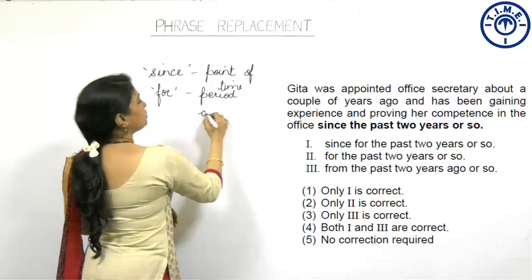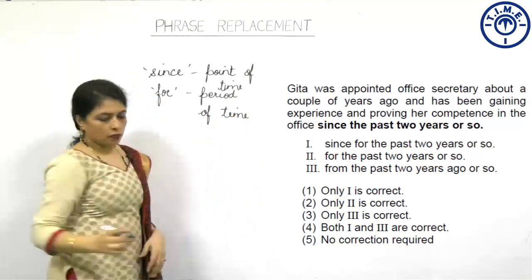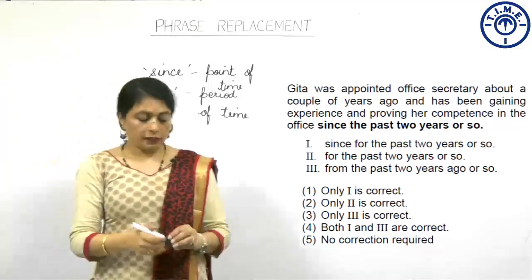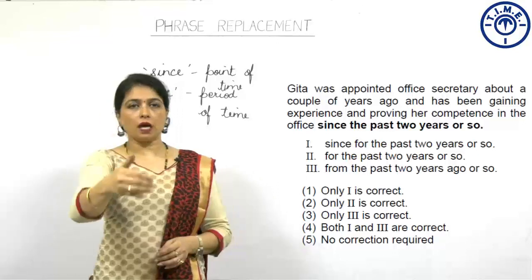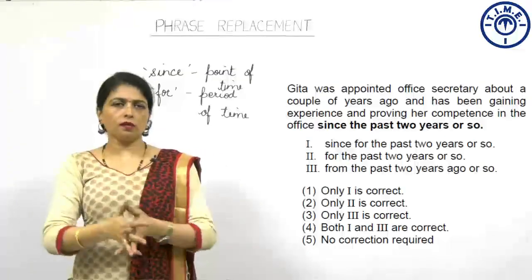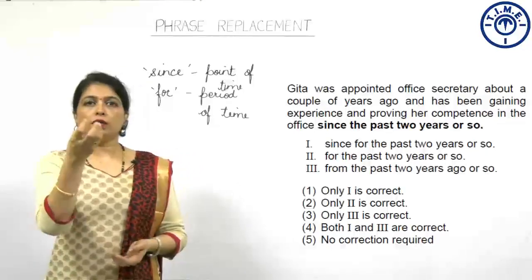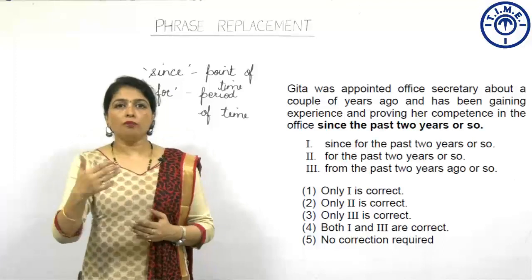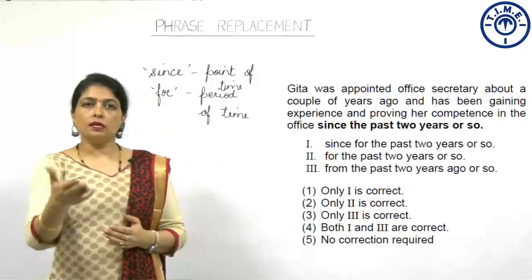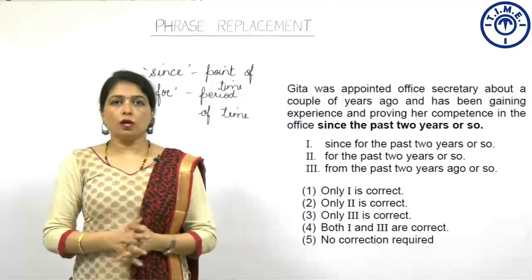What is the difference between point of time and period of time? A point of time is that time where something starts, or something which is exact, like you say birth, or someone getting a job, or a particular year, or a date, or a month. For example, I have been living in this city since birth, or I have been living in this city since 2004.